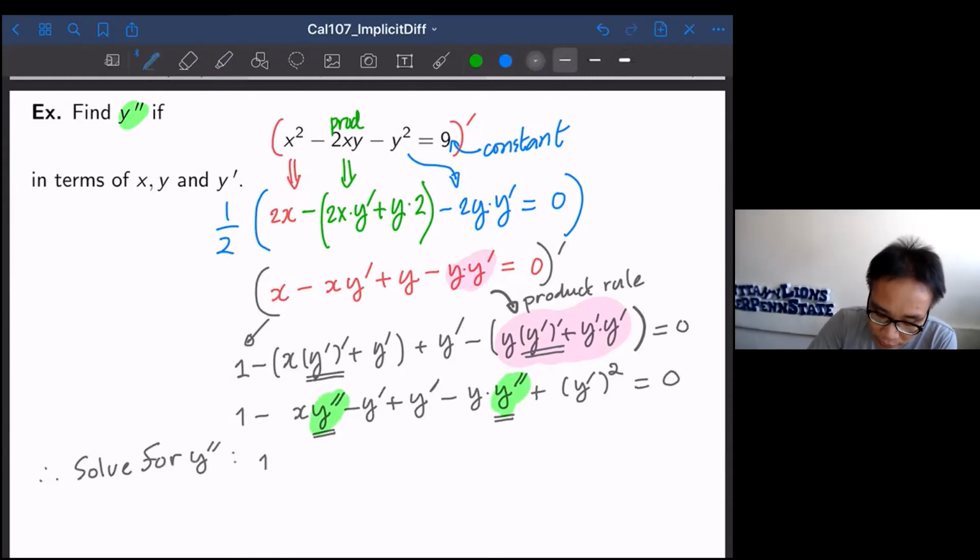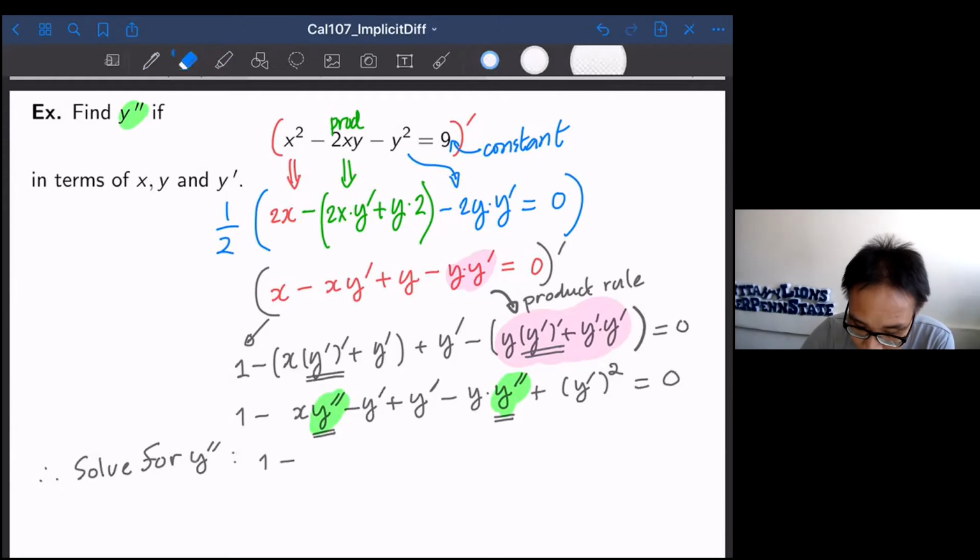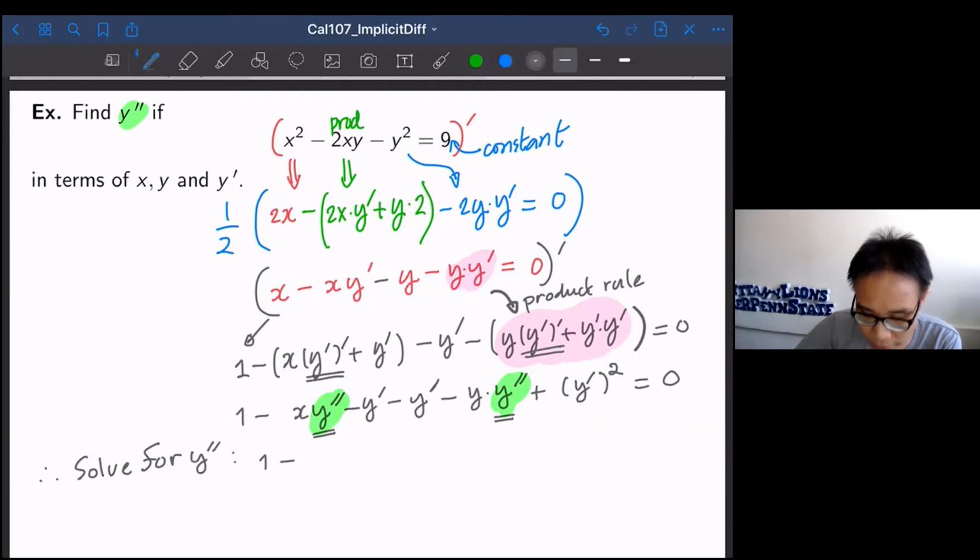So in this case, it's going to be 1 minus... I think I made a mistake here. Ah, sorry. This one is negative, this one is negative, and this one is negative. Sorry about that. So negative, negative, and negative. So in this case, this is 2y prime, okay?